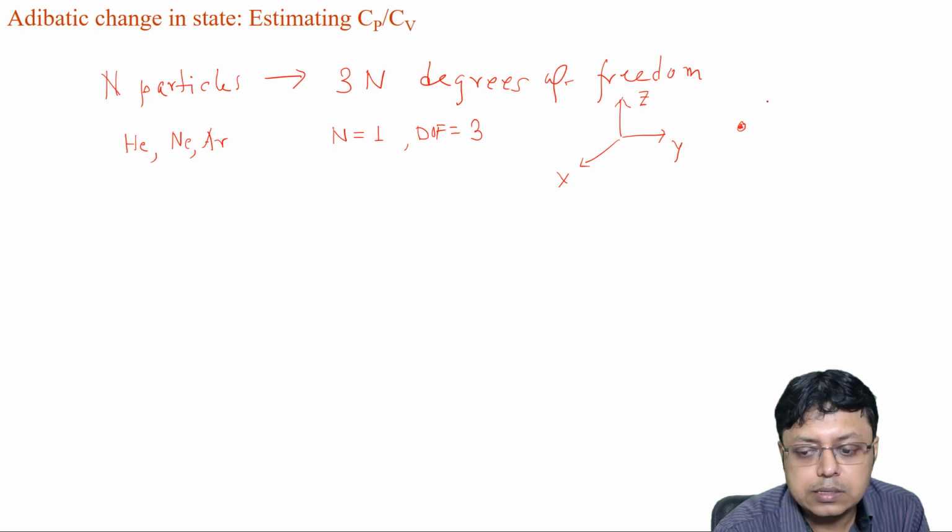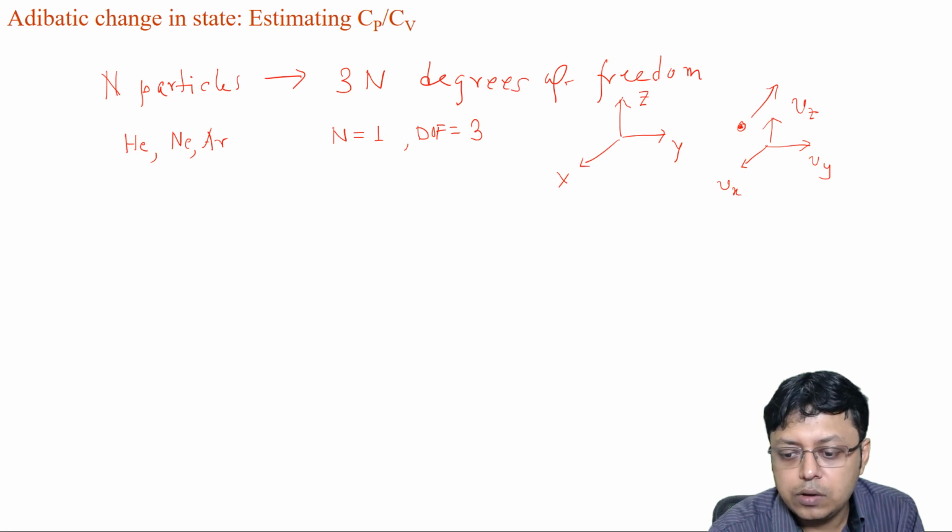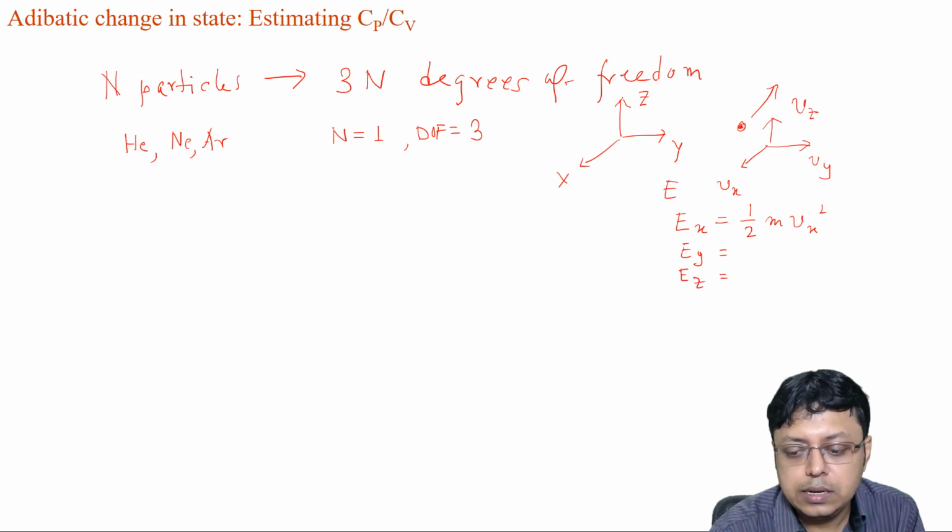Any particle, in this case a helium atom or neon atom, can move in any arbitrary direction and the velocities can be resolved in these 3 directions, like Vx, Vy and Vz. There will be some associated kinetic energy also along these 3 directions, which we can write as Ex is half m Vx square, and similarly for Ey and Ez, whereas the total energy is written as a sum of Ex plus Ey plus Ez.